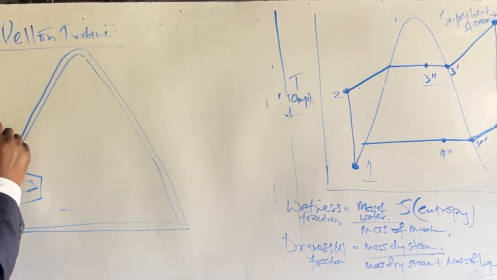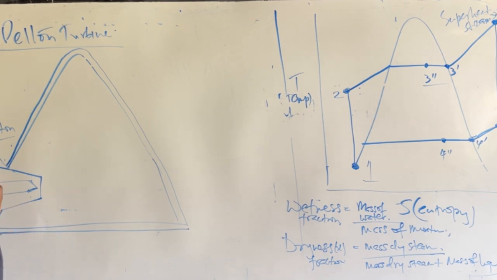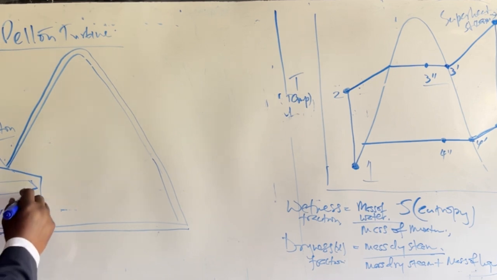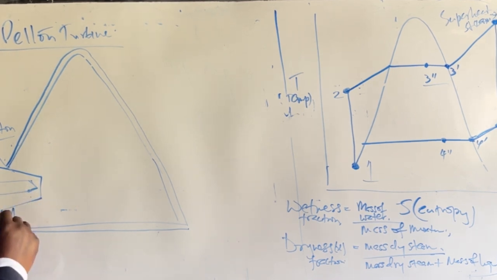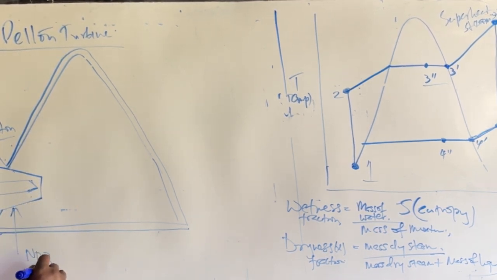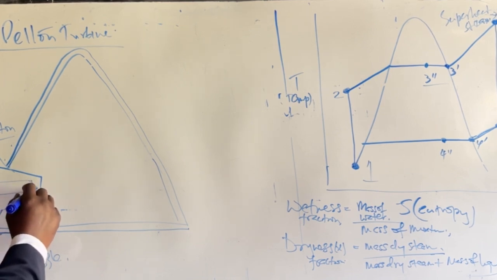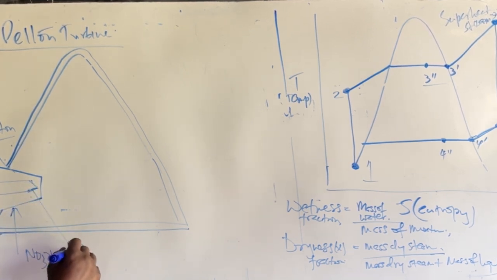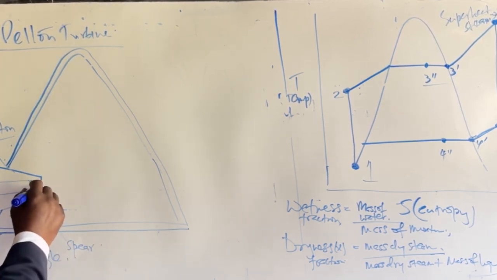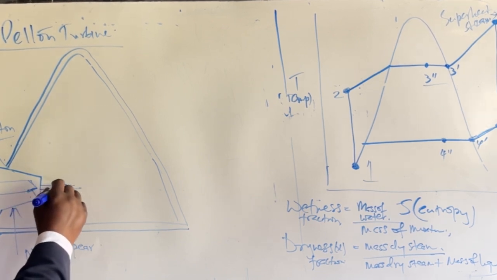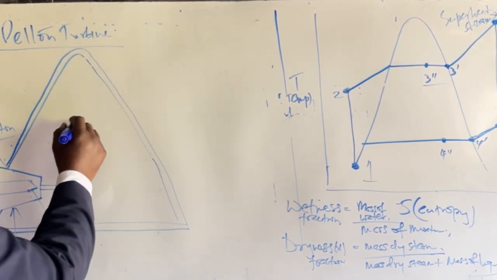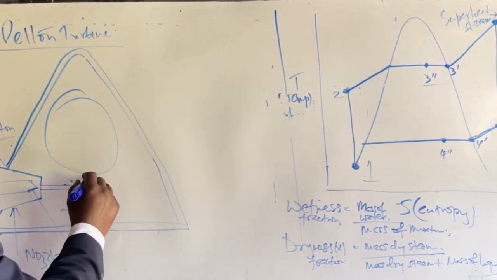That's a Pelton, that feeds the steam into our system. So here is our nozzle. This is the spear. And of course we have a steam jet. So we have our runner here.